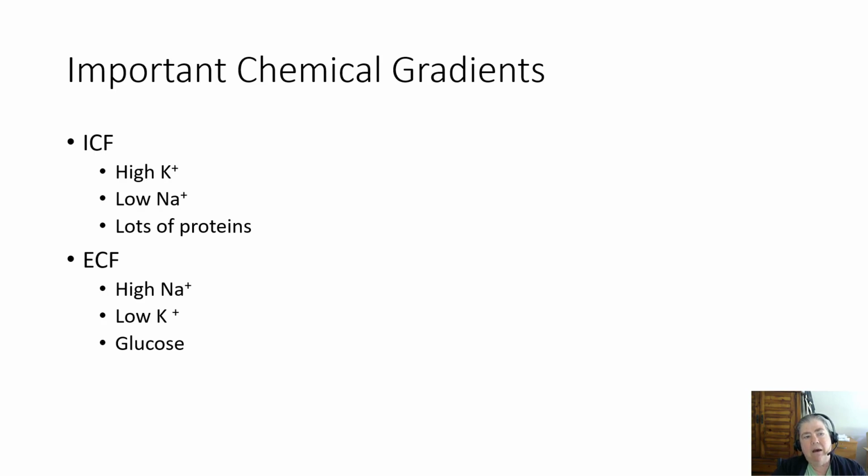So these are among the important chemical gradients. Intracellular fluid: lots of potassium, not much sodium, quite a bit of protein. There's a lot of protein activity going on inside the cell. In the extracellular fluid: high sodium, low potassium, and glucose.